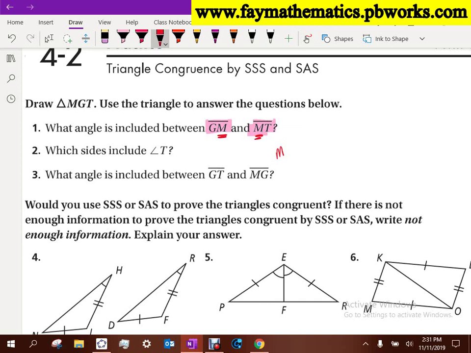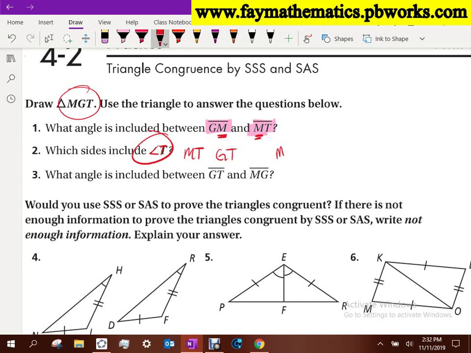Now, if I'm trying to figure out which sides make angle T or include angle T, which letters have we not used yet? In this question, which letters am I not talking about? M and G, right? So if I say M and T, G and T, knowing that the segments have to have T to make angle T, then the other letters with T make up the two segments.